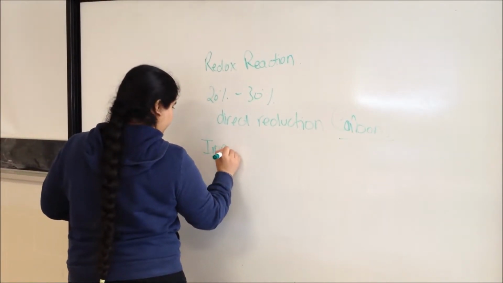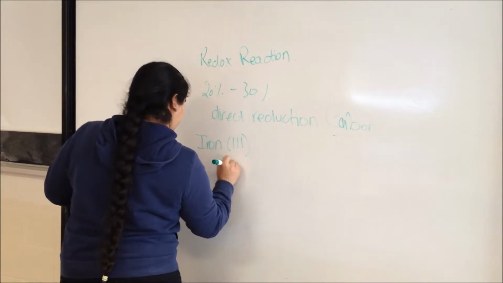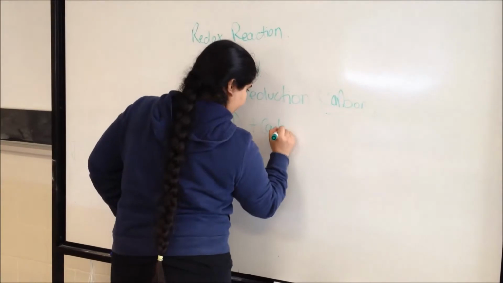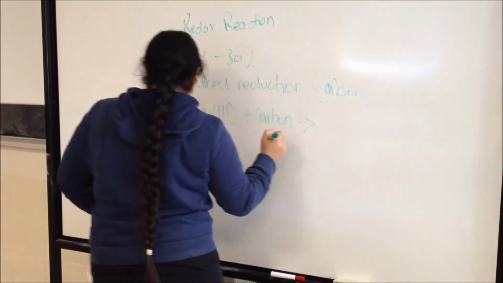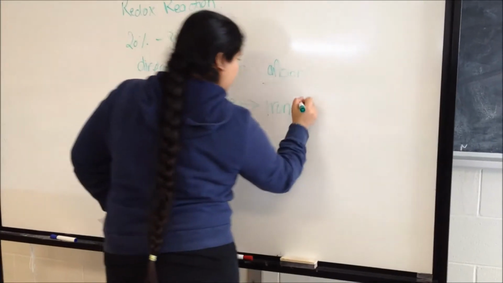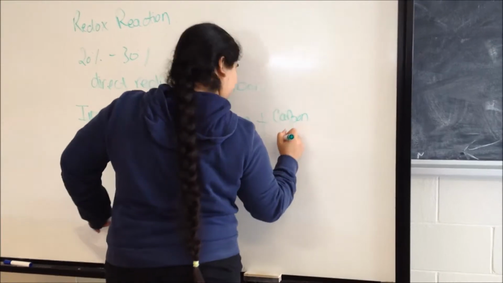Iron, I will write down the chemical equation and the word equation. Chemical. I know it's taking a while, but please write this down for your notes. It might be on the test.